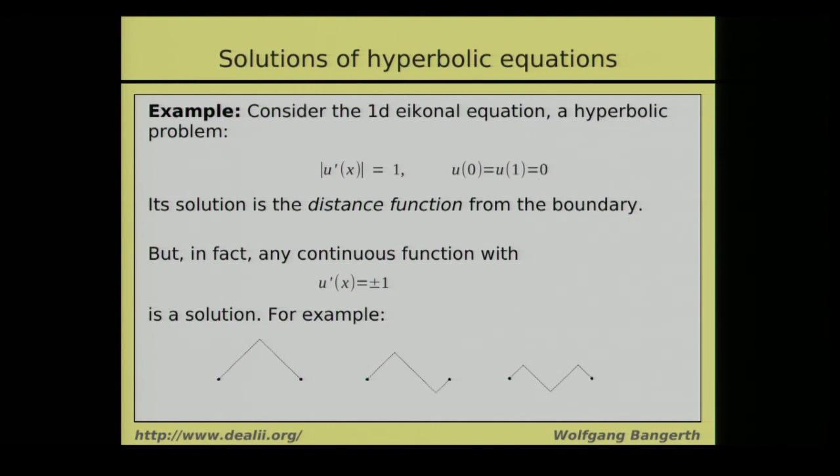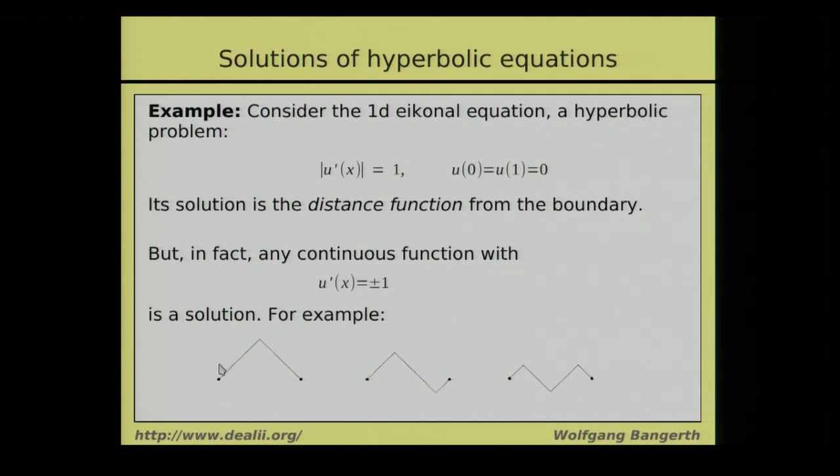We tend to think of this as the distance function from the boundary, because if the derivative is 1, it grows with unit speed as we go away from the boundary. At the boundary, the value is 0, because the distance to the boundary is 0, and then u grows with unit speed as we move away from the boundary.